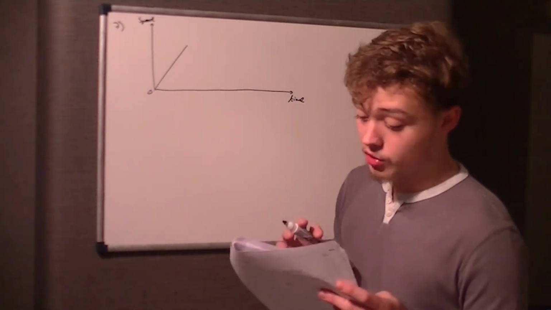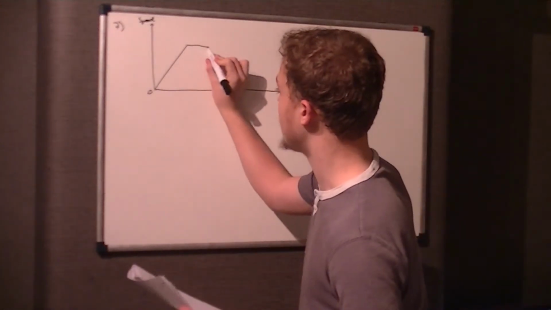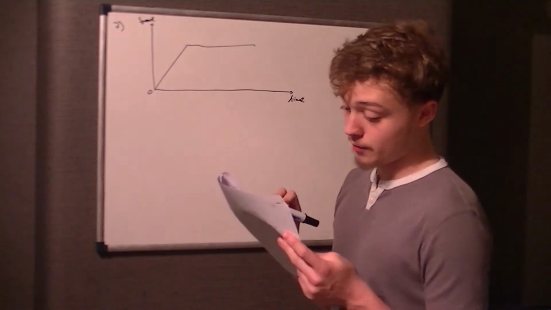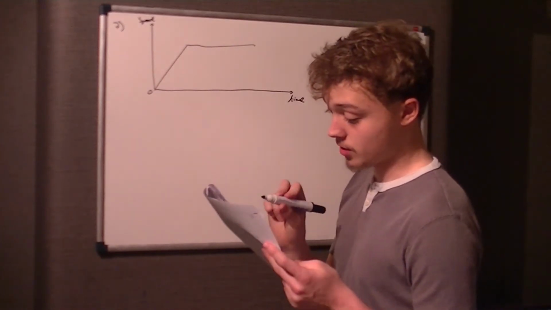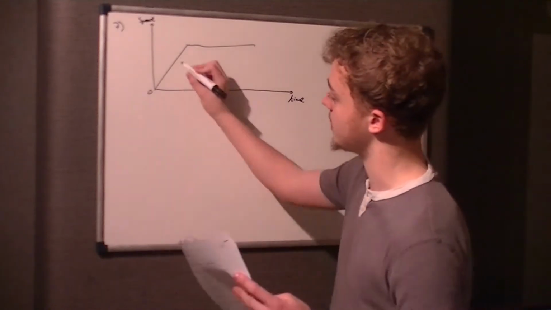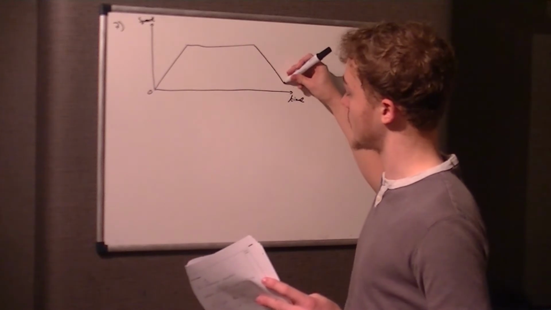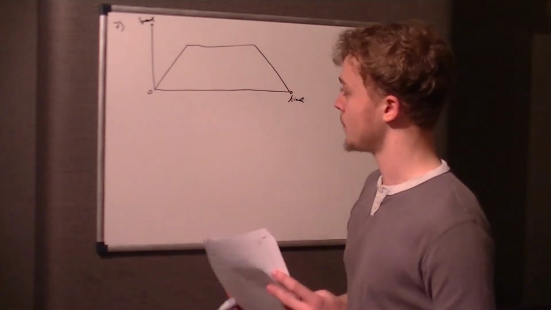The train then travels at this constant speed, hence no acceleration, so we have a flat line for a bit. Then the train travels at this speed before a constant deceleration of 0.25, which is half the gradient of the acceleration. So you just need to put the gradient a bit shallower on the right hand side.